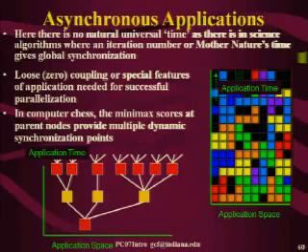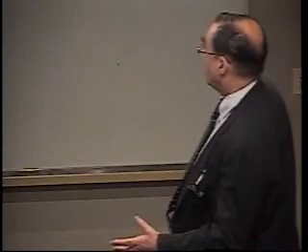All right, so those are synchronous and loosely synchronous. We've already discussed asynchronous problems, and the computer chess and integer programming will be an example of what I call an asynchronous problem. And here we do not have this universal synchronization like we do in those synchronous and loosely synchronous problems.